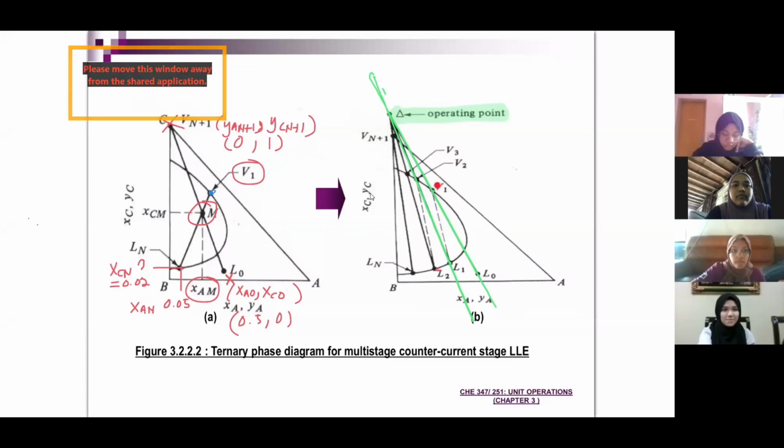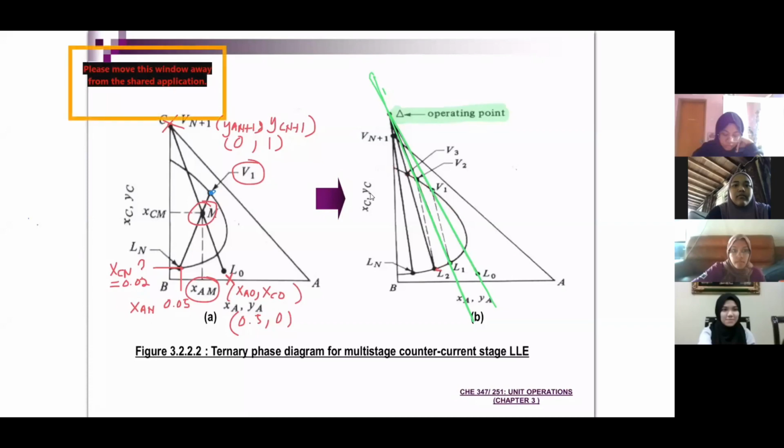That's why the extract layer only has V, and the raffinate layer only has L, except your L0 which is not here. Why is that so? Whatever you collect at your product should lie on the equilibrium curve.